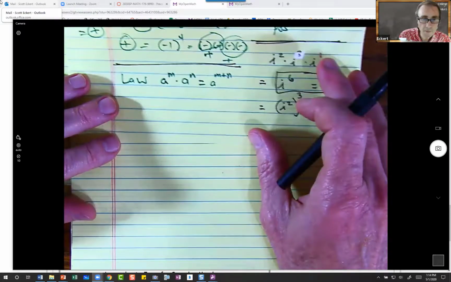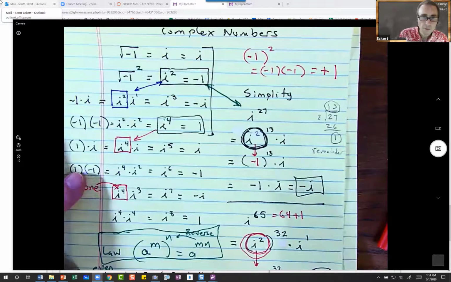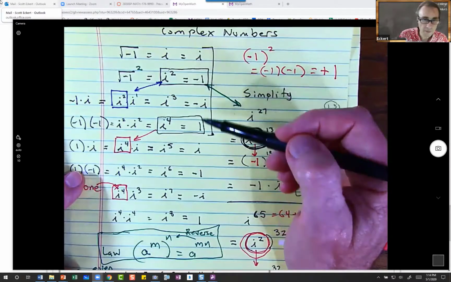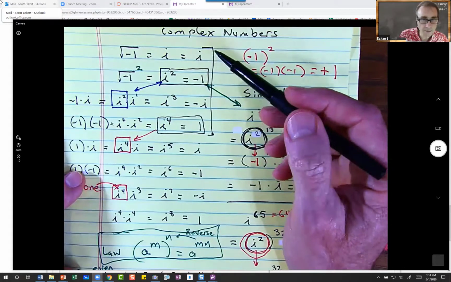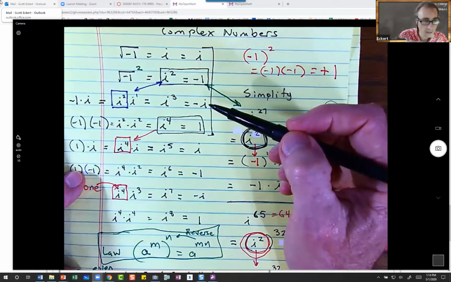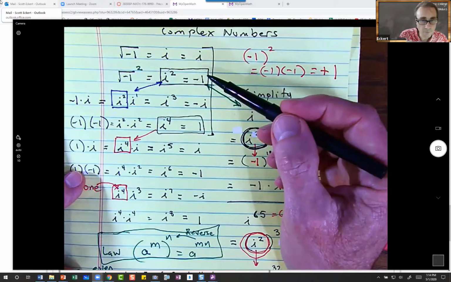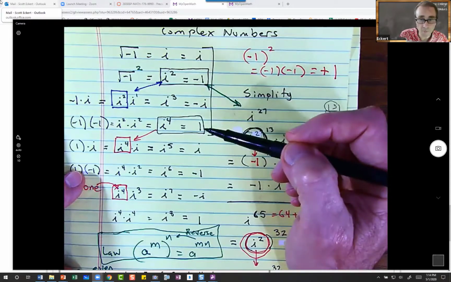Not necessarily. You're going to have 4 possibilities. You're going to have one of these 4 possibilities. Sometimes it comes out as I, sometimes it comes out as -I. Sometimes it comes out as a -1, sometimes it comes out as a +1.